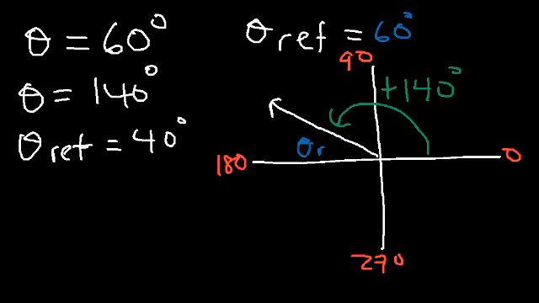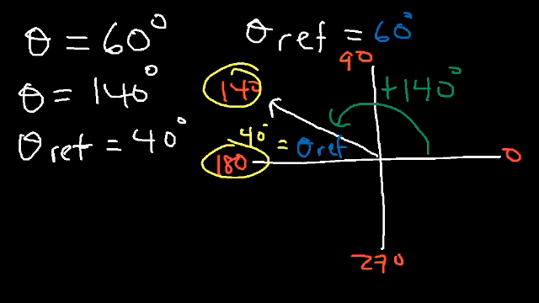This angle on the inside between the x-axis and the hypotenuse of the triangle formed, that is the reference angle. So it's the difference between 180 and 140. So that's why this is equal to 40. It's the difference of these two angles.